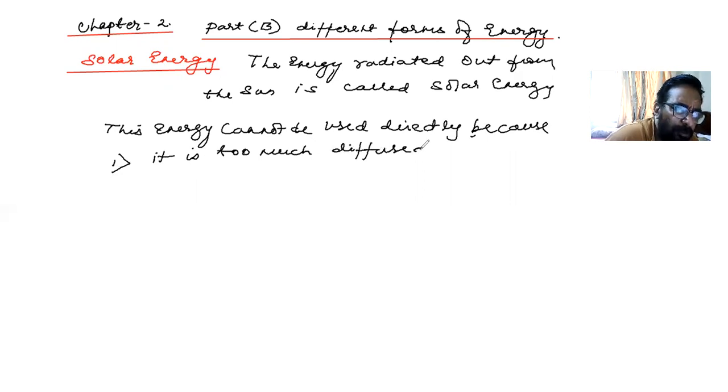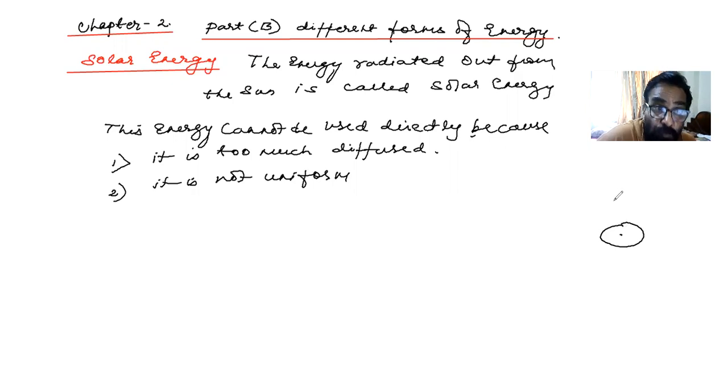And secondly, it is not uniform. You cannot tell that in a particular place so much heat energy will always be obtained. There may be heat energy obtained today, tomorrow, after 1 hour there may not be. So it's not a uniform source of energy, and those are two strong reasons why we cannot use it directly.